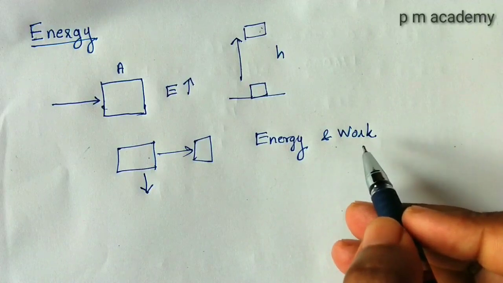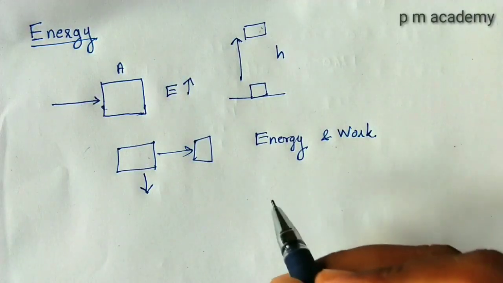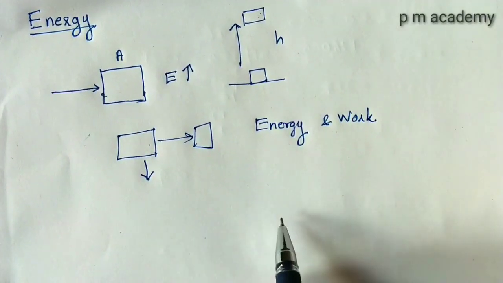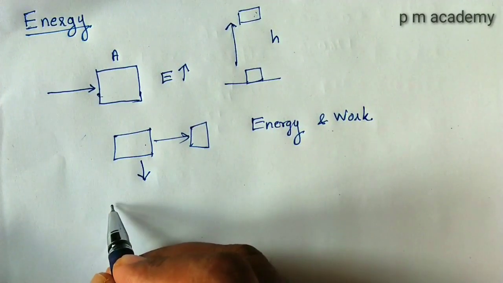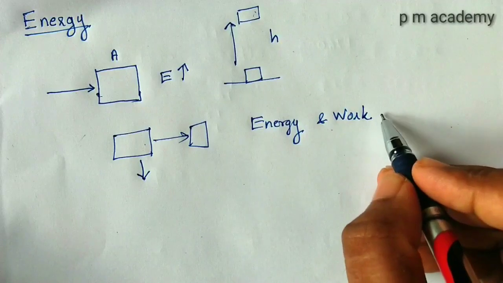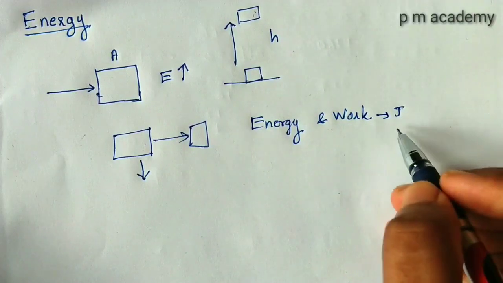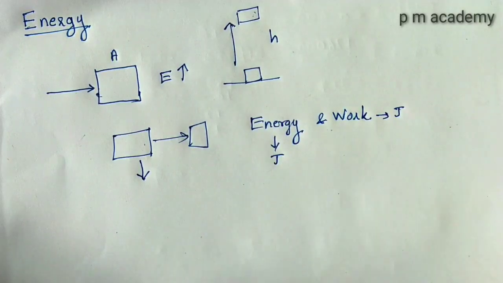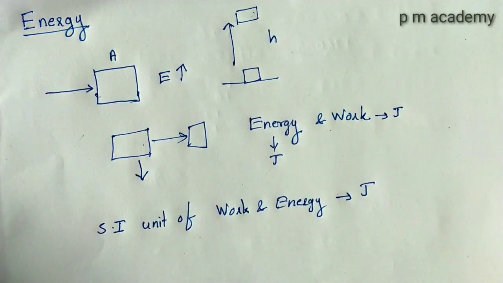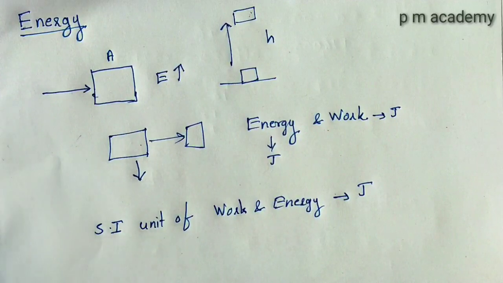The capability of doing work is known as energy. Therefore, the units of energy and work are the same. You know that the SI unit of work is joule. Like that, the SI unit of energy is also joule, represented by capital letter J.